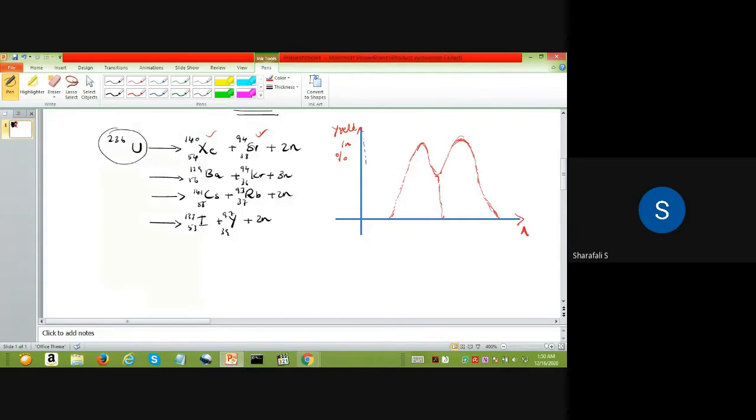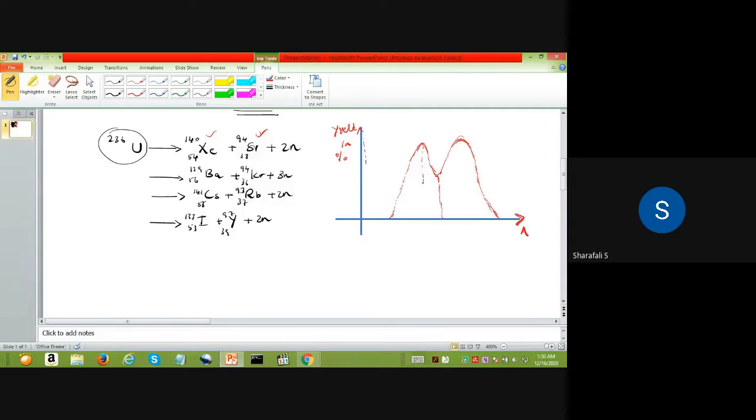This is your mass number in the x-axis, so this is that A by 2. In this particular case I will write the exact number here. So here we have this maximum.